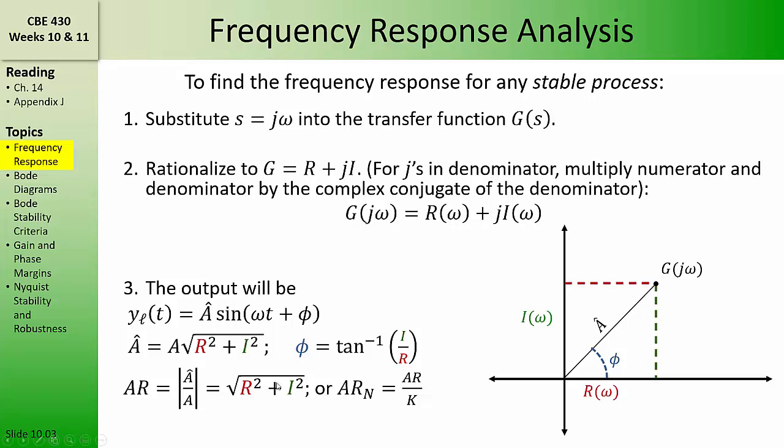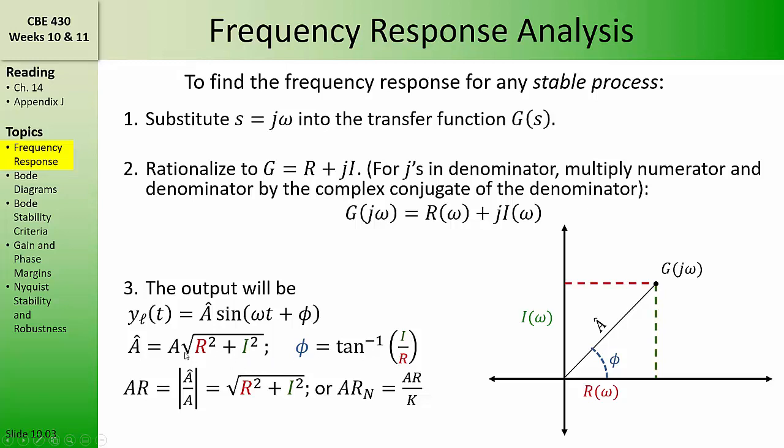The resulting sustained output oscillations will have an amplitude that we call a hat, a frequency that's equal to the frequency we selected for our input forcing function, and a phase angle, where a hat is the square root of the real part squared plus the imaginary part squared multiplied by the amplitude of our input forcing function, and the phase angle is equal to the arctangent of the imaginary part divided by the real part.